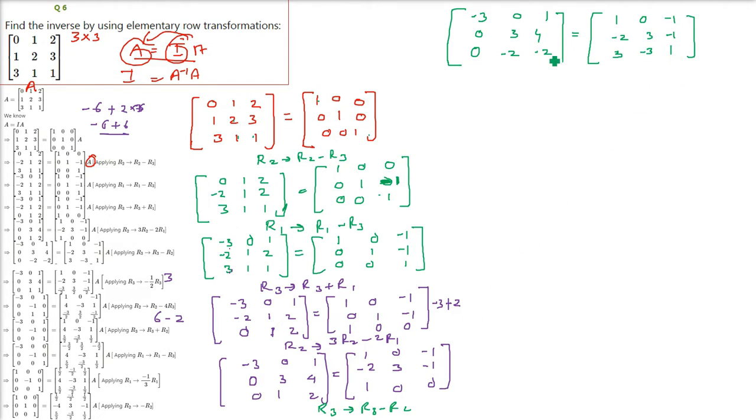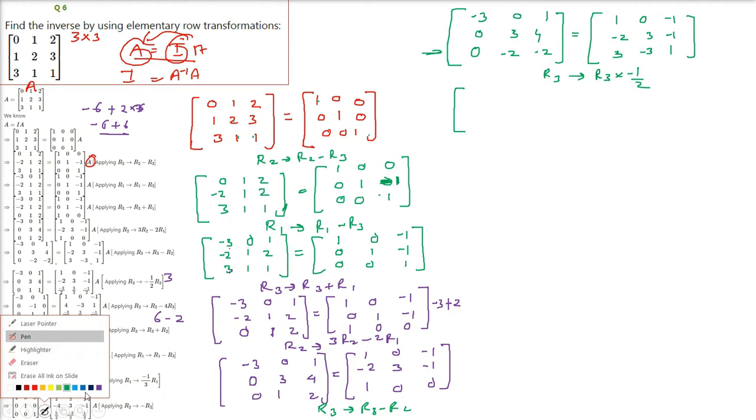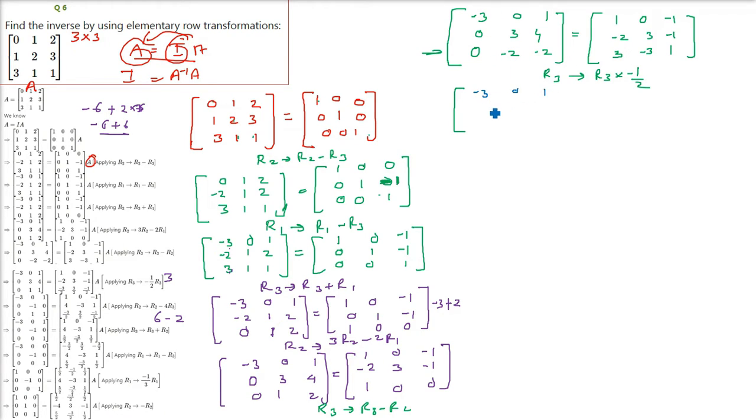So minus 2, now there is in your row 3. So let us change this row 3. Let us try to make it 0 and 1s. So we will multiply row 3 by minus 1 by 2. So all the minus 2 will be gone. We can get rid of them. So I'll just change the color, and it is minus 3, 0, 1, 0, 3, 4, and multiply this by negative half.